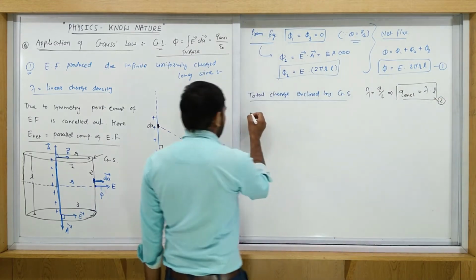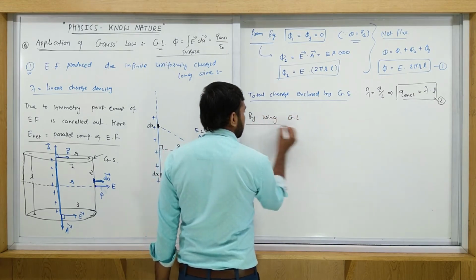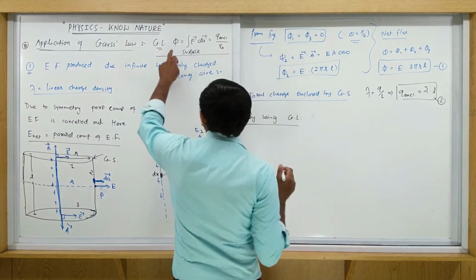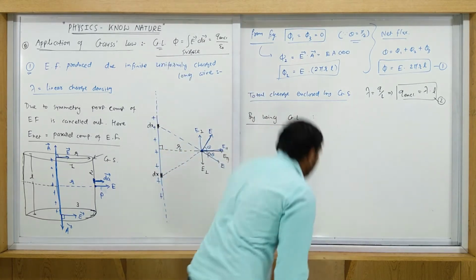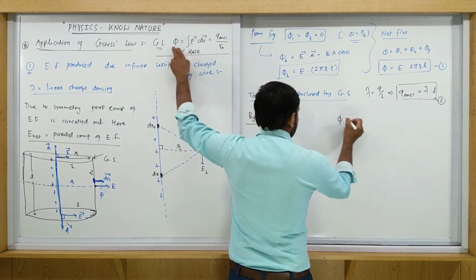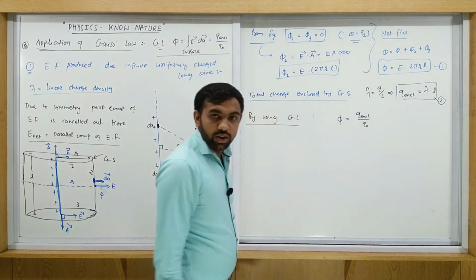Now use Gauss law. What is Gauss law? This one. So using this law, we get the answer finally. Phi is equal to Q enclosed upon epsilon naught.